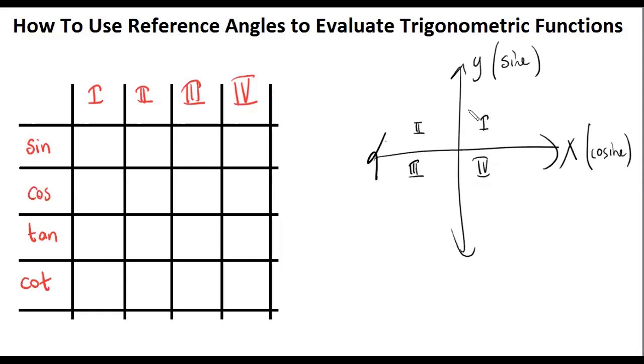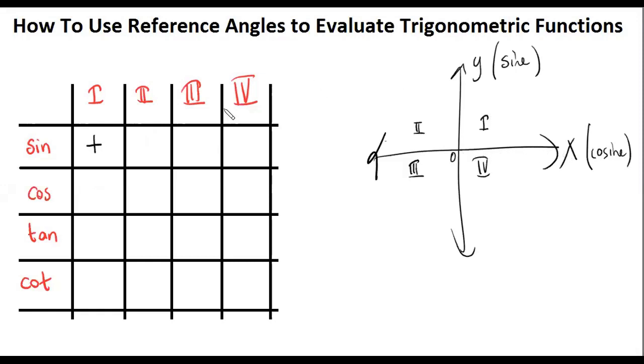So in the first quadrant, y values are always positive, as you see, because this is the origin, 0. If our value is above 0, it is going to be positive. So in the first quadrant, y values are positive. That means the sine value is positive. In the first quadrant, cosine is positive because x values are positive.